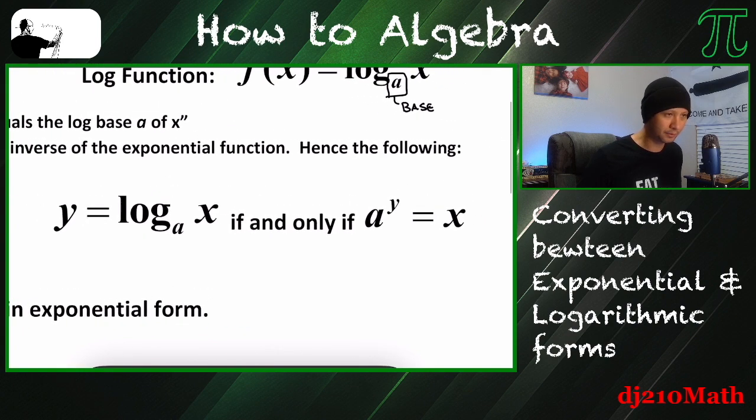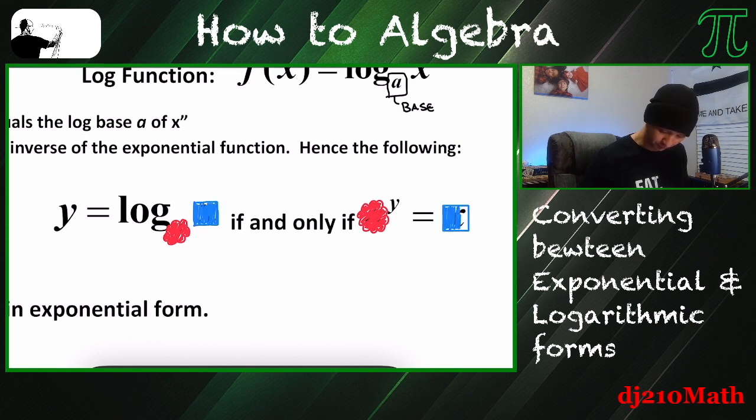So here's the rule, right? Now, I get it. There's letters all over the place. So if you don't like letters, if you're more of a visual person, not a formula person, a way I like to think about it: whatever that is, the base, that's the base over here. All right, so some people might like this better.